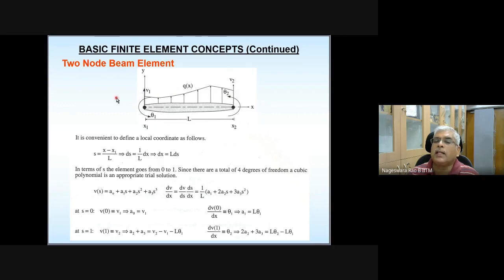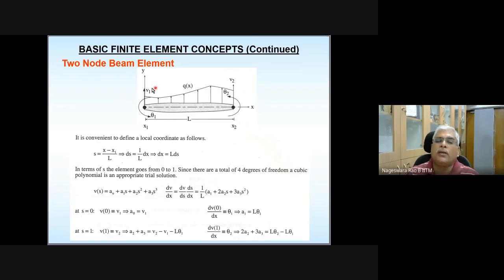Please see here, the sign convention. This sign convention coincides with the sign convention for applied forces and moments. Applied forces at both ends are going to be positive if they are acting in the upward direction. At both ends, moments are going to be positive if moments are acting in the counterclockwise direction.